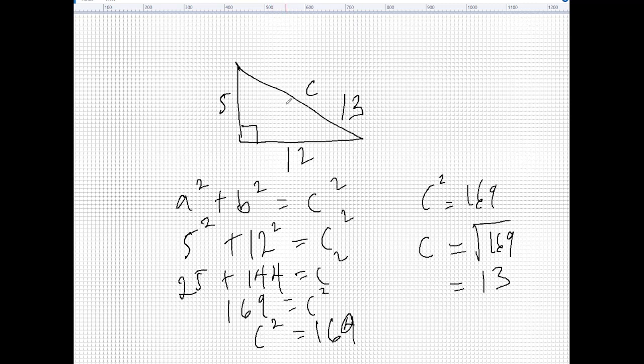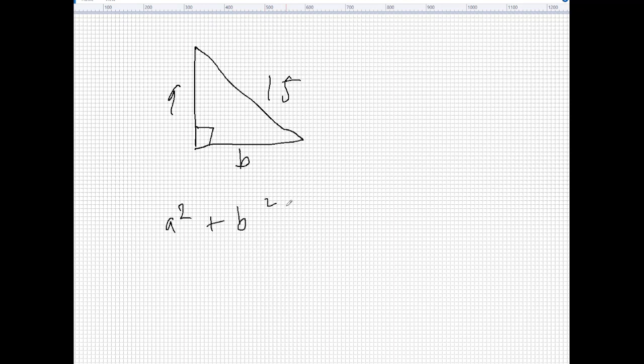Now to another exercise, and in this triangle, this doesn't look straight at all, but I'm going to assume they're straight lines, and we have 9 on this side, a 90-degree angle, b, and 15. So we're going to start with the formula: a squared plus b squared equals c squared, and substitute.